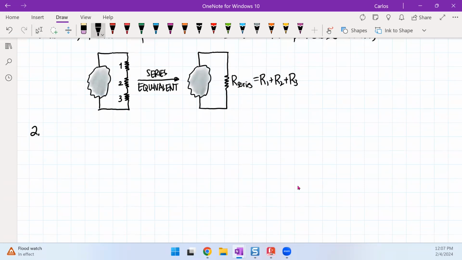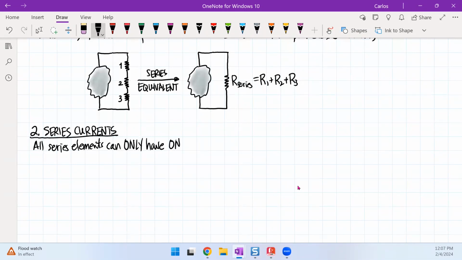2. Now we want to talk about series currents. All series elements can only have one path to move through.